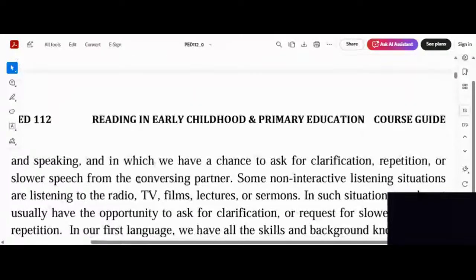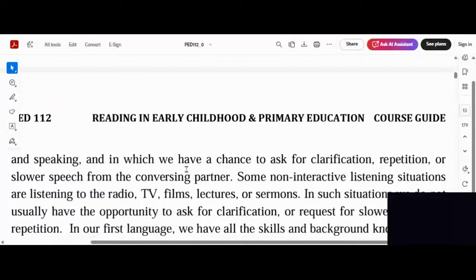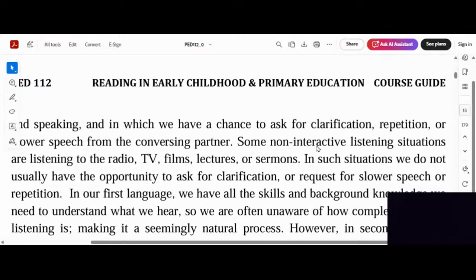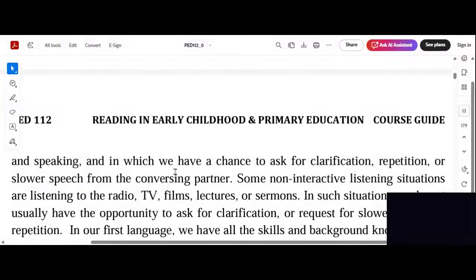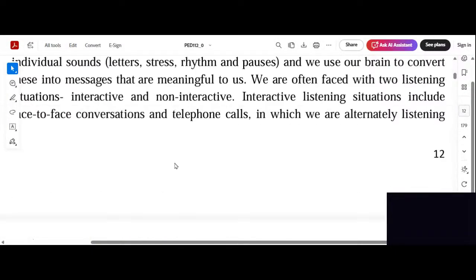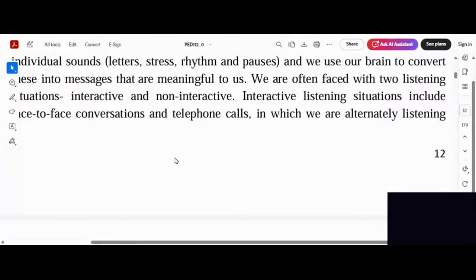So let's move on to non-interactive listening situations. We have interactive listening, which has to do with face-to-face situations.